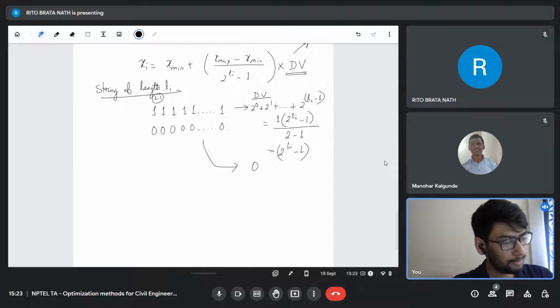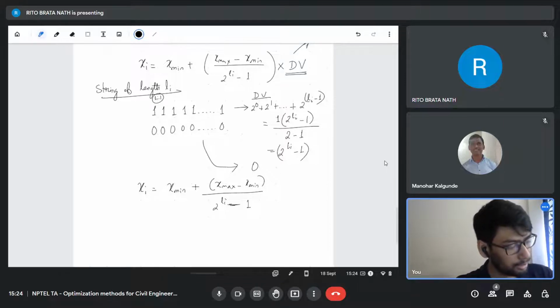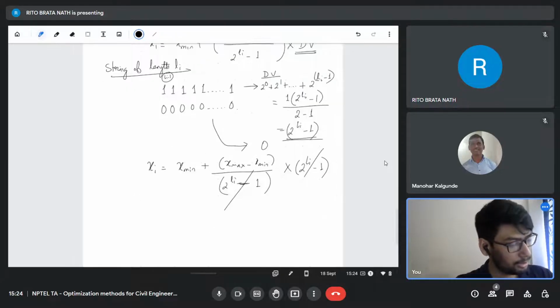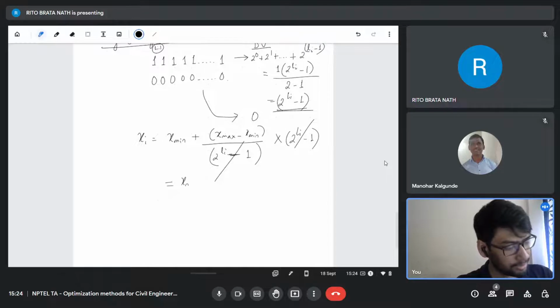So now, if you put the first one here, this is x max minus x min divided by 2 to the power li minus 1. And the dv value from here, which is the maximum one, is 2 to the power li minus 1. So this will cancel out and you will be left with x max.